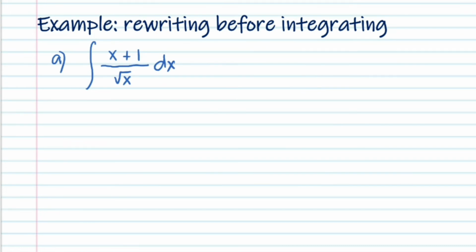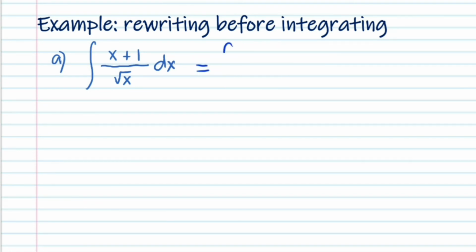Next, before we can integrate, take note that it is not correct to say that the integration of x plus 1 over the integration of square root of x dx. So this is not correct. We still have to rewrite the function in order to get the antiderivative.